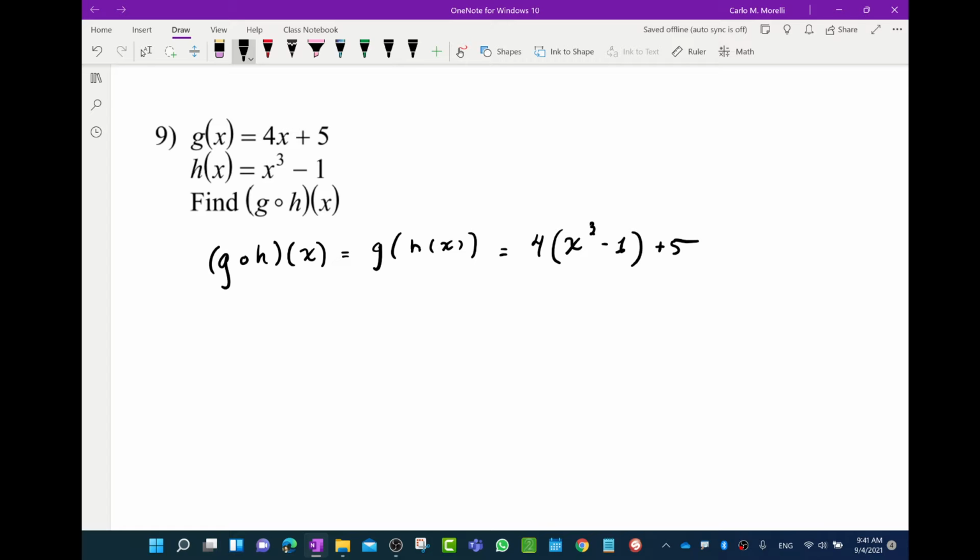So the composition of the functions g and h of x is equal to 4 open parentheses x cubed minus 1 plus 5.